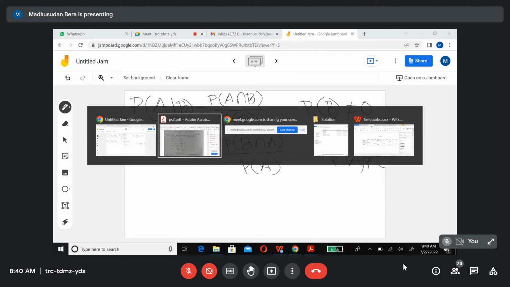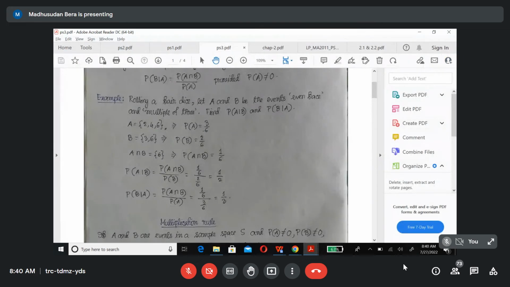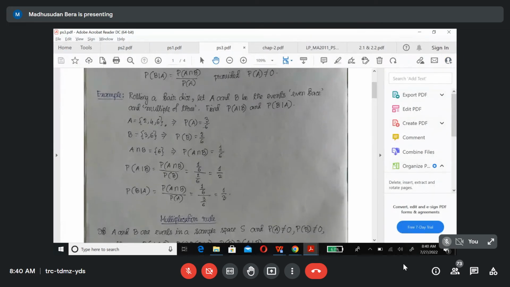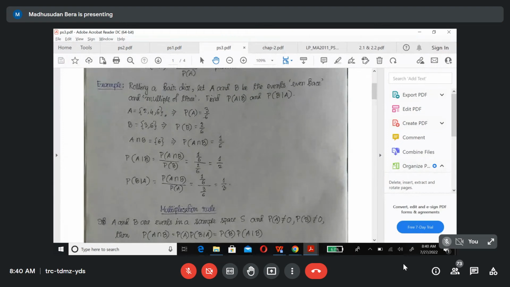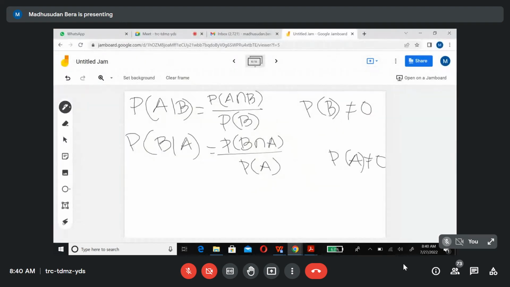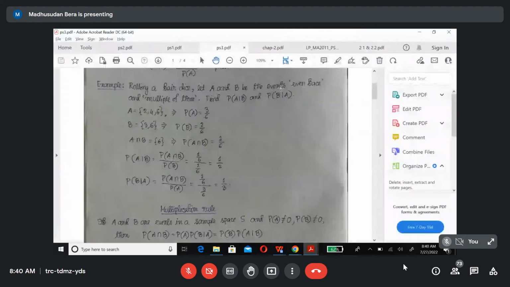Now some results are given. Multiplication rule. What is that? See, from the first one, what will be P of A intersection B? P of B into P of A given B, or from this, P of B intersection A is P of A into P of B given A. That is called the multiplication rule.